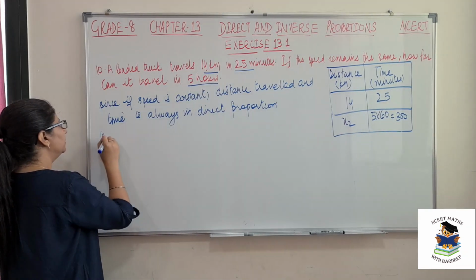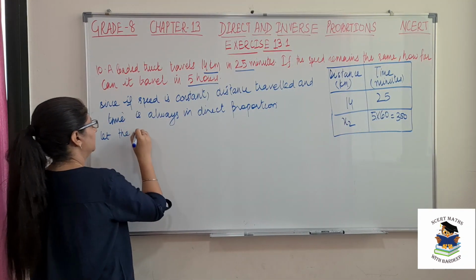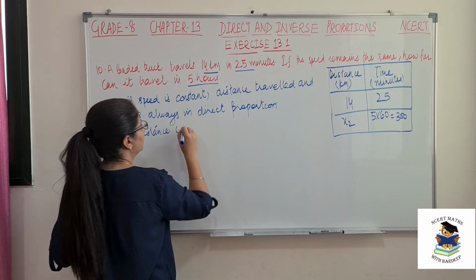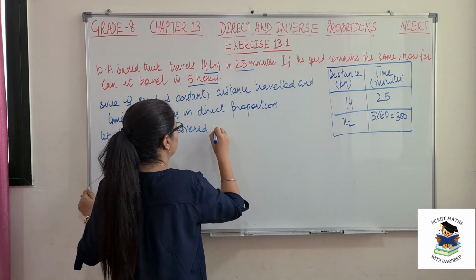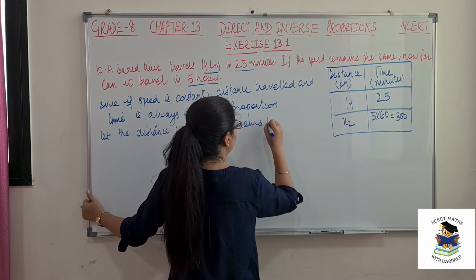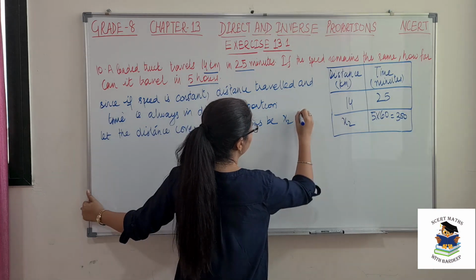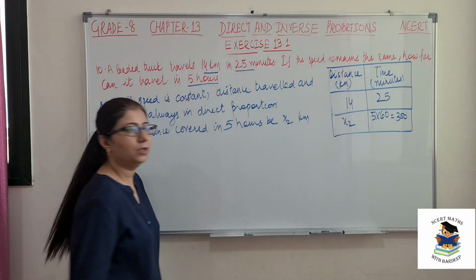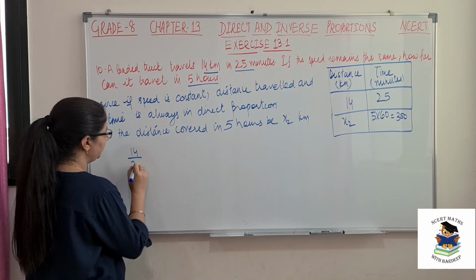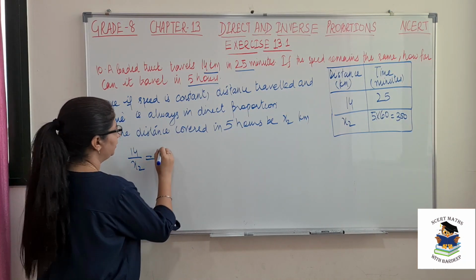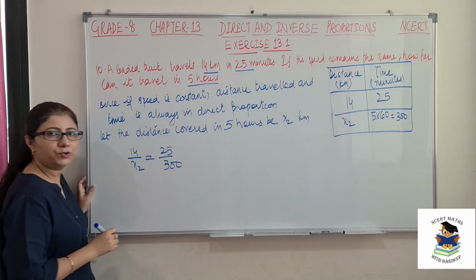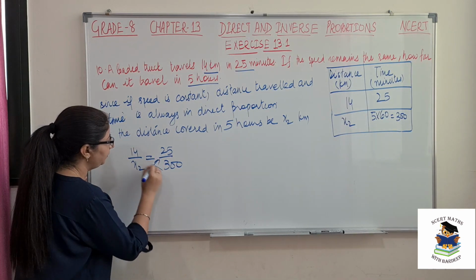Let the distance covered in 5 hours be x2 kilometers. Okay, so then again we will use our formula. So 14 over x2 is equal to 25 over 300. So cross multiply them.